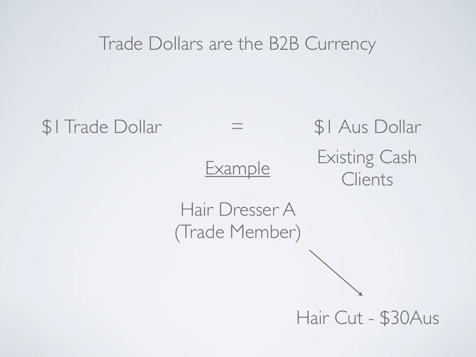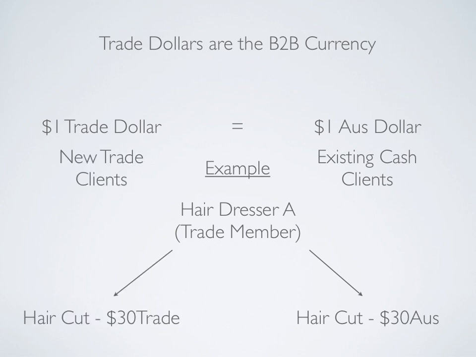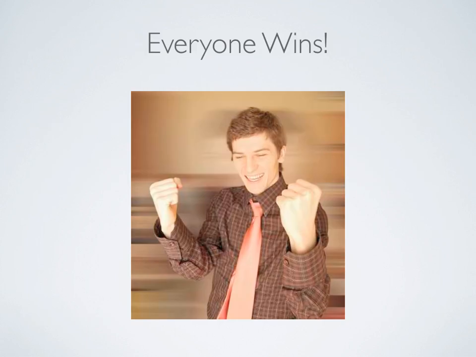He joins up with a trade exchange, just like Queensland Trade Corporation, let's say, and he does the same thing. He gets clients in, obviously from the trade exchange, and then he charges them $30 for a haircut in trade. They're exactly the same for exactly the same service, which is how it should be run. Everybody wins. Everybody's happy. They've paid equivalent trade as to what it would cost with cash.